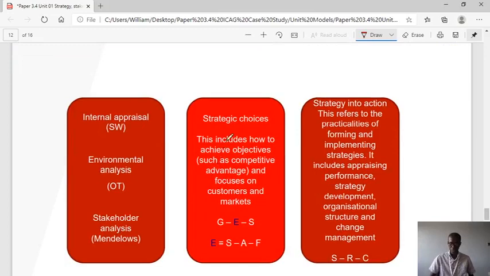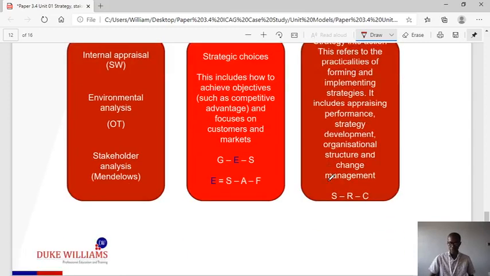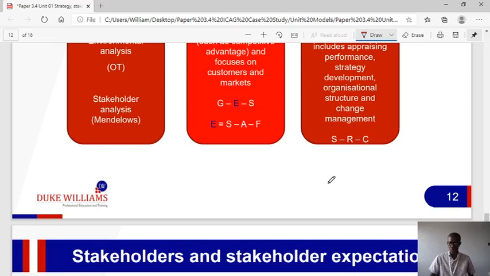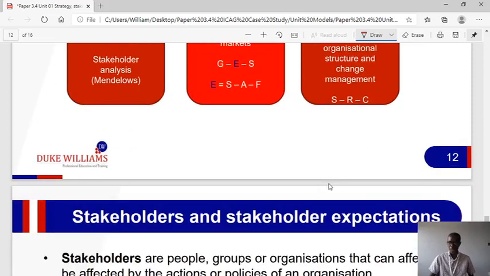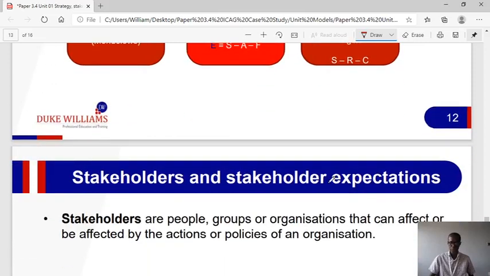And when you come to the strategic choice, we have these things like how to achieve your objectives, GES, and what the E is, SAF, then the SRC. So please have a look at this one, and we will delve into these things as we progress in the syllabus and in subsequent videos.